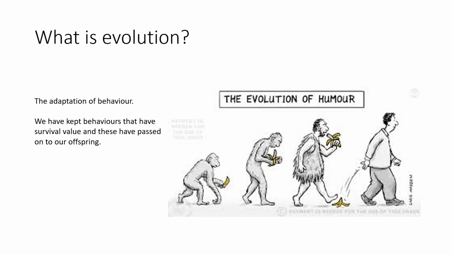If we apply that to behaviours, we're talking about the behaviours that have perhaps meant we are able to survive in a social group, or we've been able to progress past other people and develop new skills, and it has survival value that way. So this is what we class as a biological theory because it's evolution, it's got that genetic link.